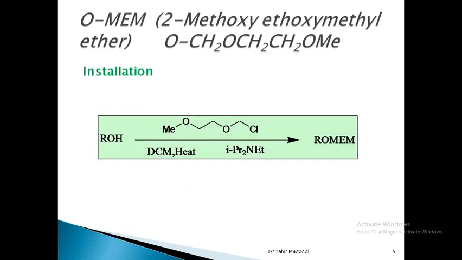Here is the most common method for the installation of the 2-methoxyethoxymethyl ether, that is O-MEM group. We treat the alcohol with methoxyethoxymethyl chloride, that is MEM chloride. DCM was used as a solvent, and diisopropylethylamine has also been employed in order to get the protected alcohol.